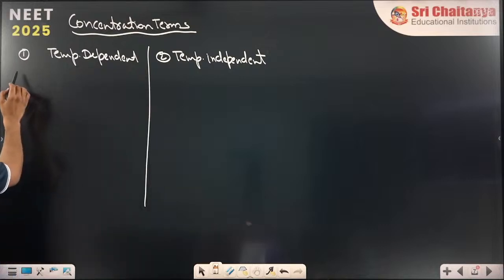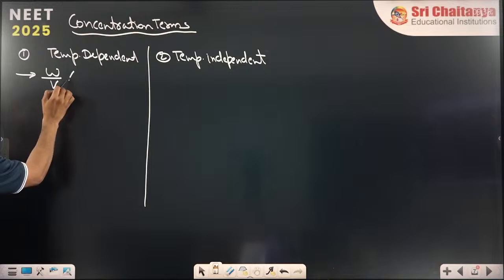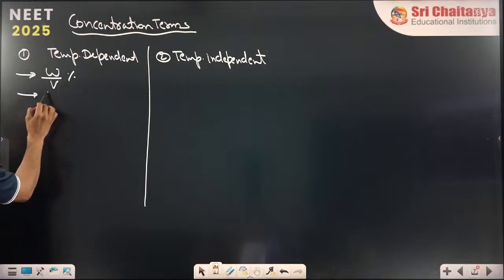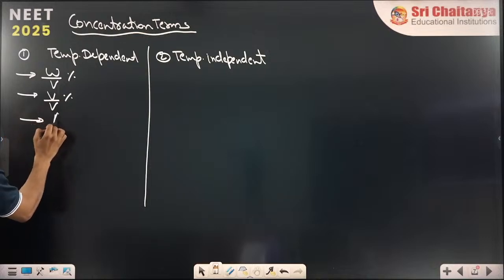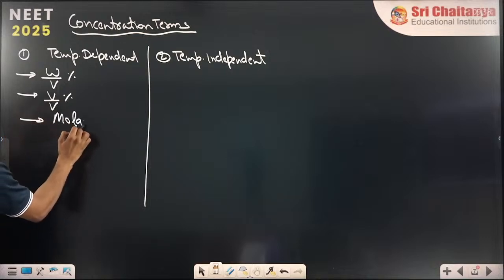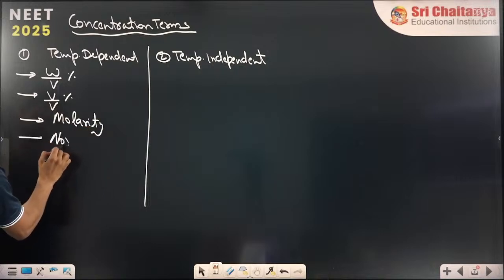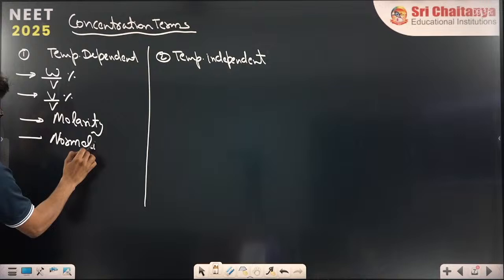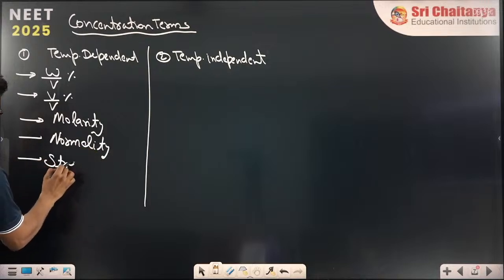So the main things, if I take, the first one is weight by volume percentage. The second thing is volume by volume percentage. The next one is molarity, right? And one is normality. And one more you can take, strength.